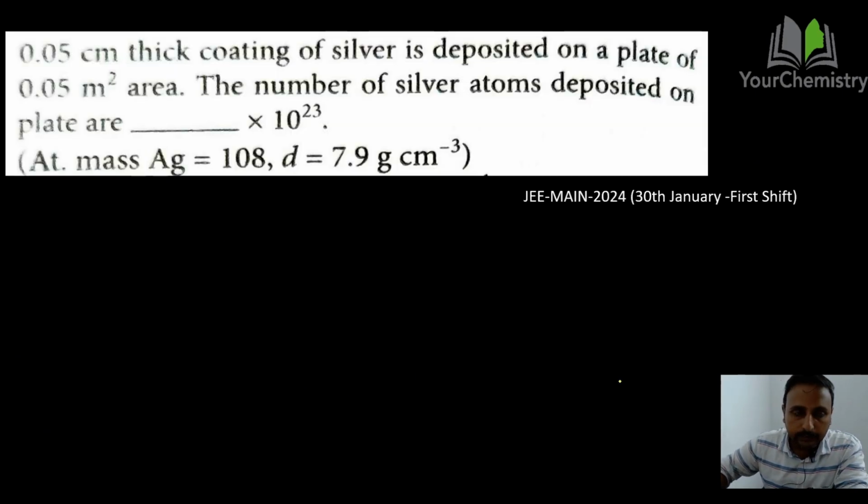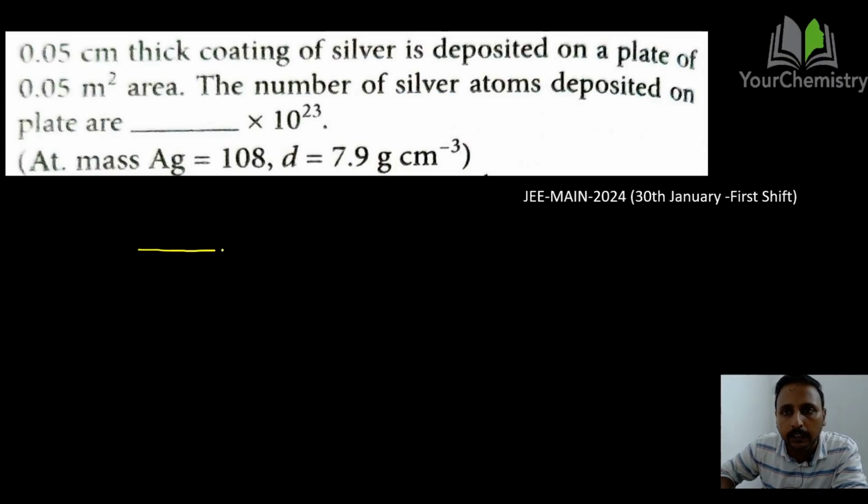The given question: a 0.05 centimeter thick coating of silver is deposited on a plate of 0.05 meter square area. The number of silver atoms deposited on the plate is dash into 10 raised to 23. So there is a silver coating over a plate surface.